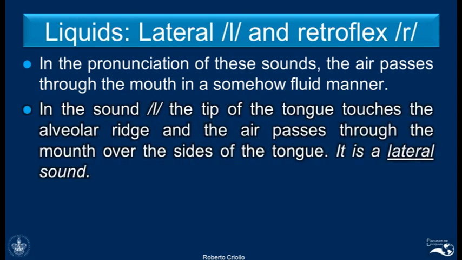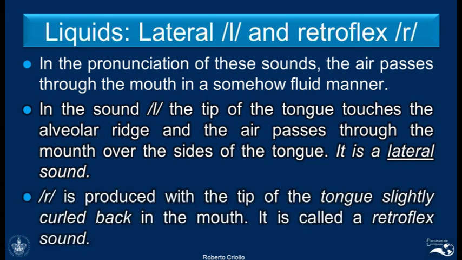Now, what happens in the lateral sound is that the tip of our tongue touches the alveolar ridge, and then the air passes through the mouth over the sides of the tongue. That's why it is called lateral, because the air comes out through the sides of our tongue.